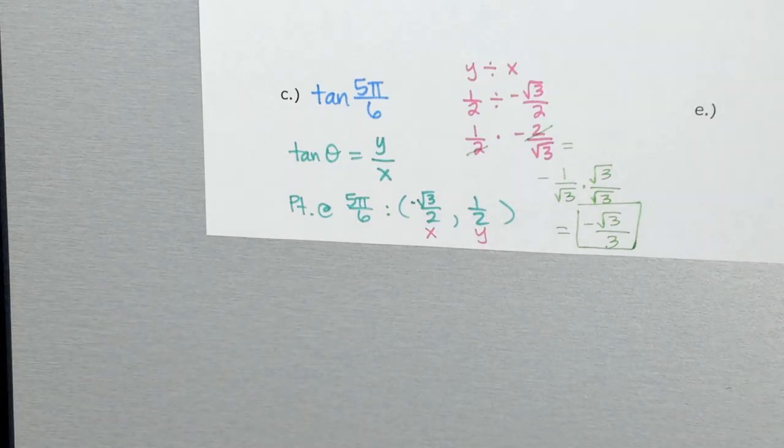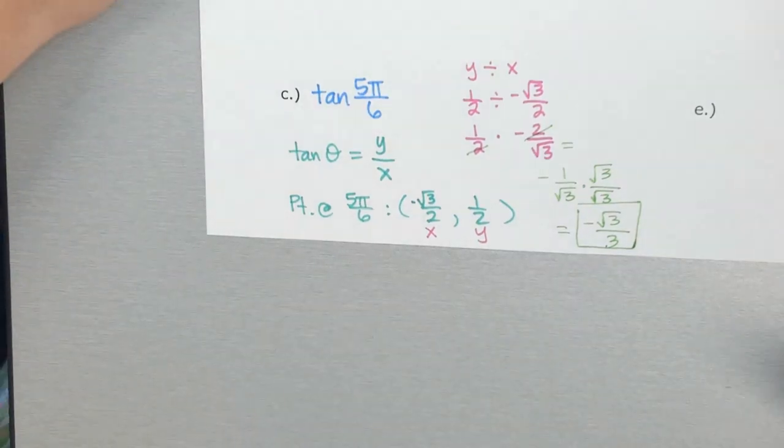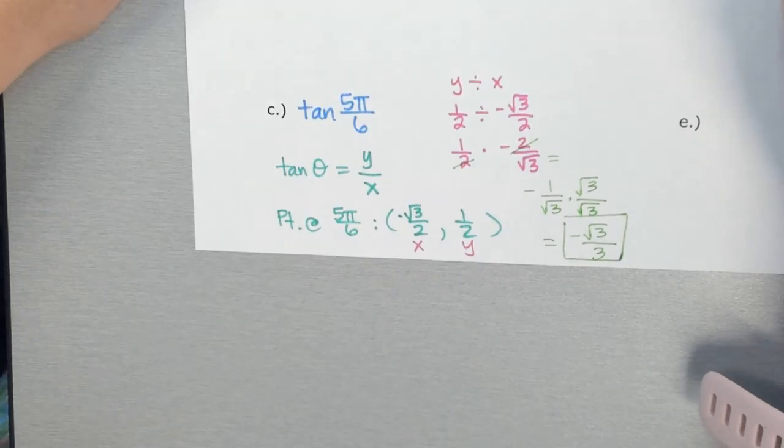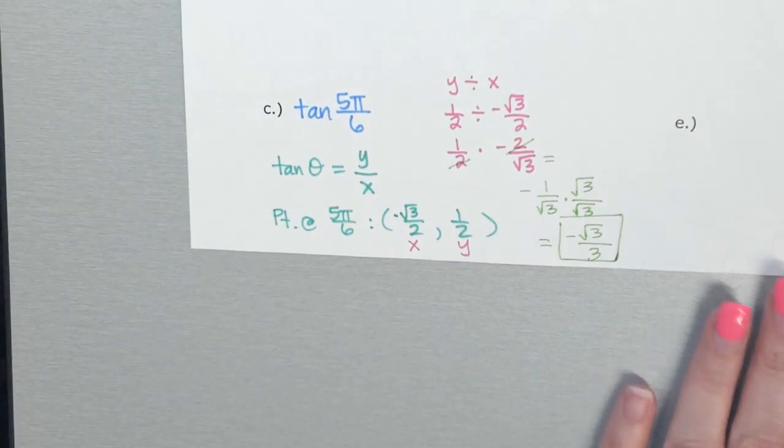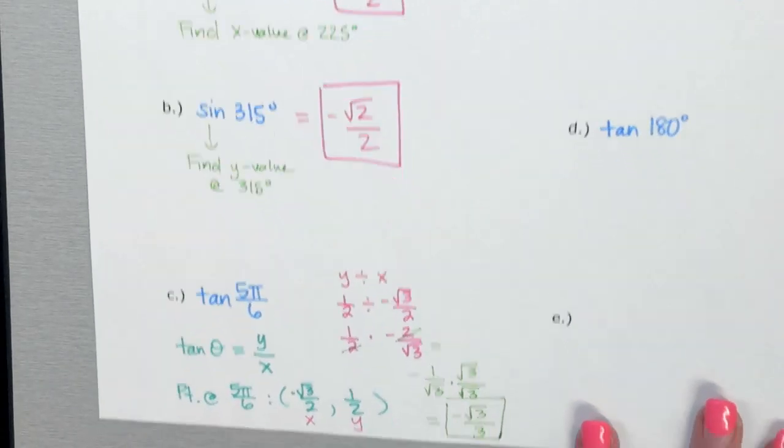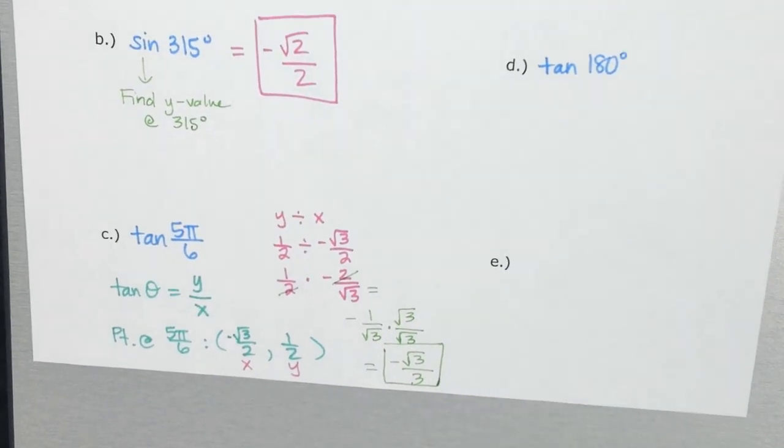So you're either finding an x value, a y value, or a y divided by x value. We'll keep exploring. For the next one, the tangent of 180, I want you guys to find what that value is.